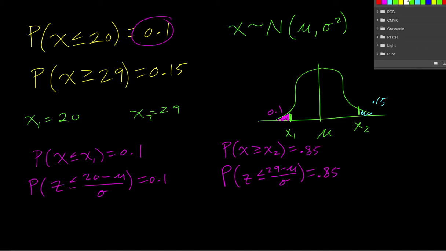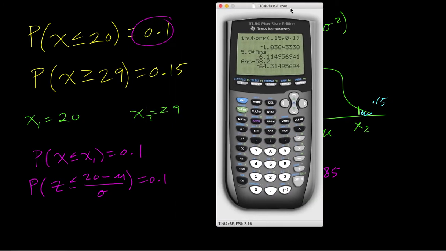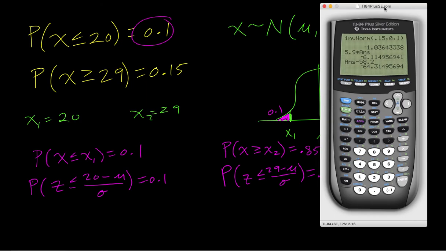Now, when we plug this, we need to go to our calculator. We need to go to inverse normal again. Plug in the percent, 0.1, and then do 0 and 1 because it's a z.